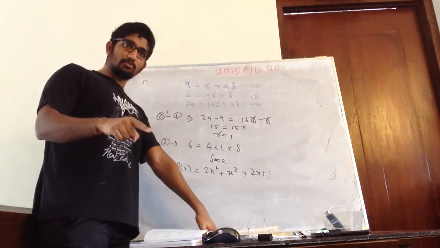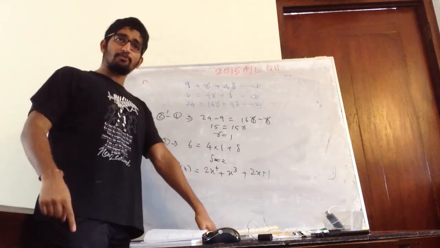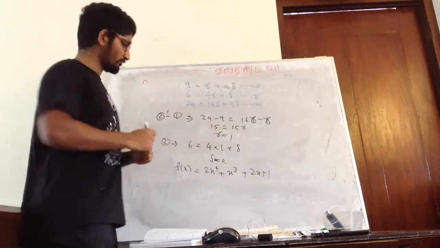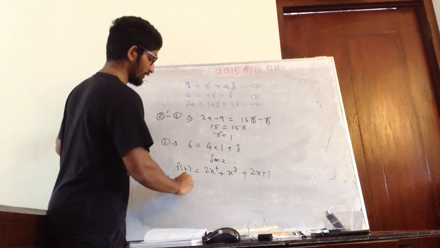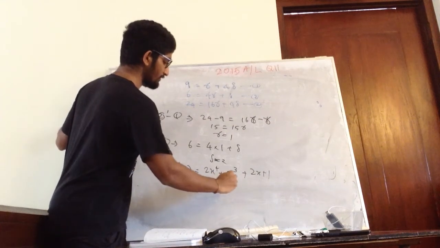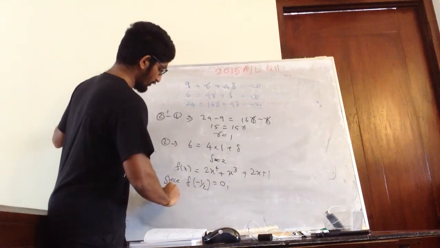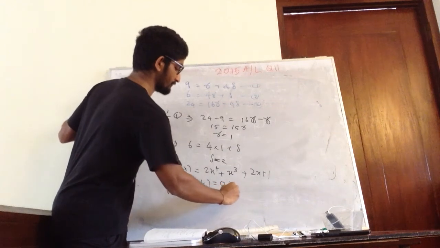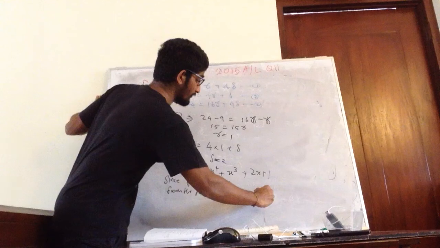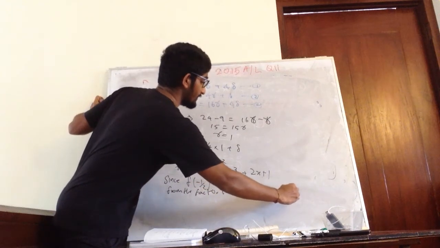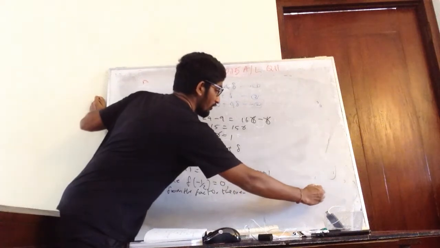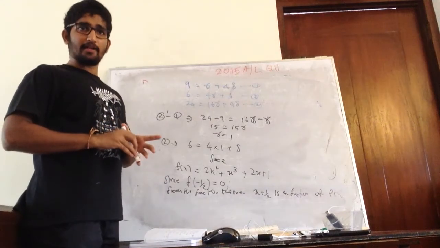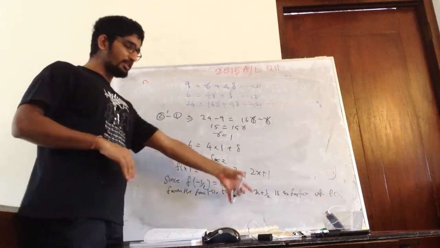From the factor theorem, you know that x plus half is a factor of this function, since f(-1/2) is 0. So basically we know one of the linear factors.